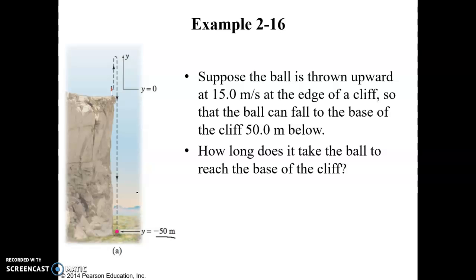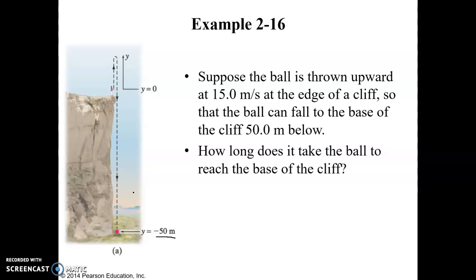Okay, so oftentimes it'll be up to you to decide what point is, for instance, 0 and negative 50, or are we going to call the bottom of the canyon here 0 and the point we're standing at 50?